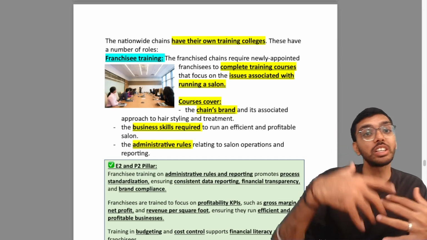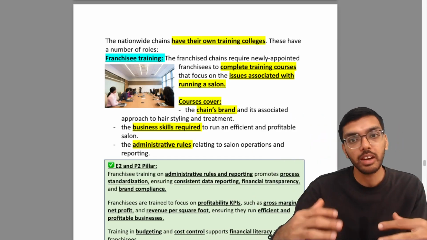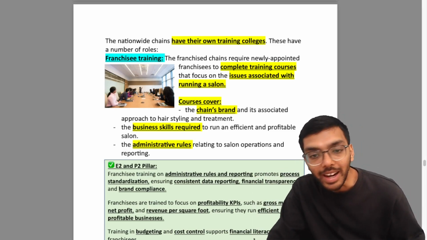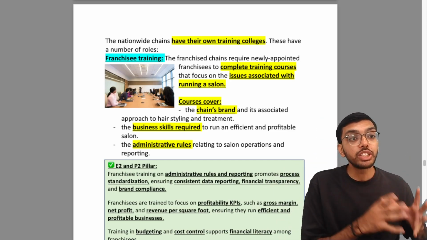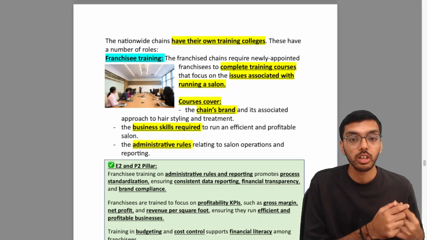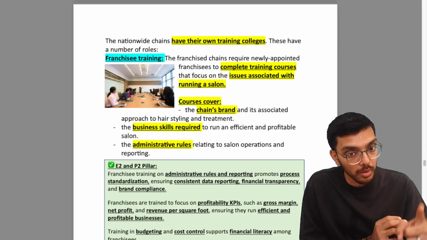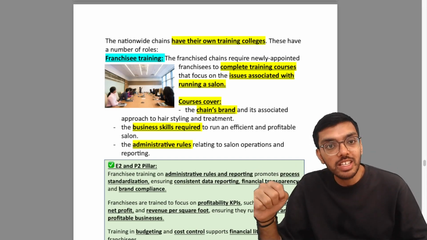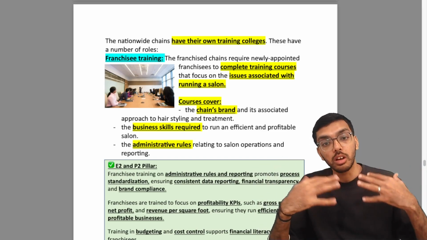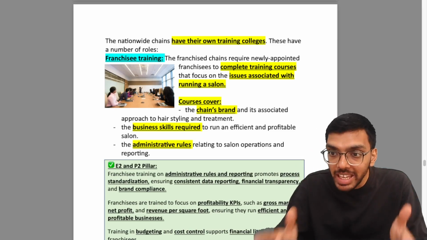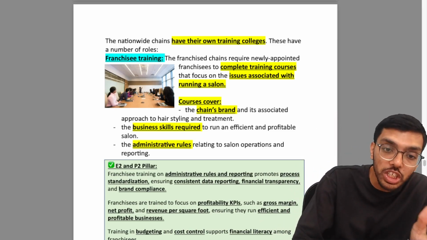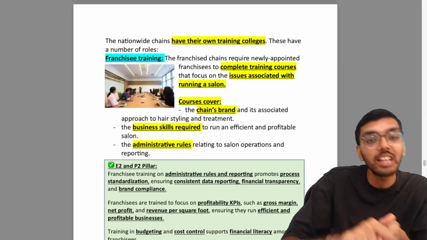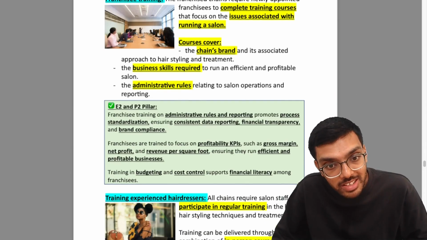Now, if as a training provider, Trimayr doesn't know the KPIs which are important, the critical success factors which are important, the budgeting methods which are important, the cost control methods, all of this is in P2, then how will you impart this to your franchisee training? So first, we as Trimayr will have to be very clear about our business mission, the vision, the KPIs, the budgeting, and once this all is set, then you can impart this knowledge to your franchisee partner.